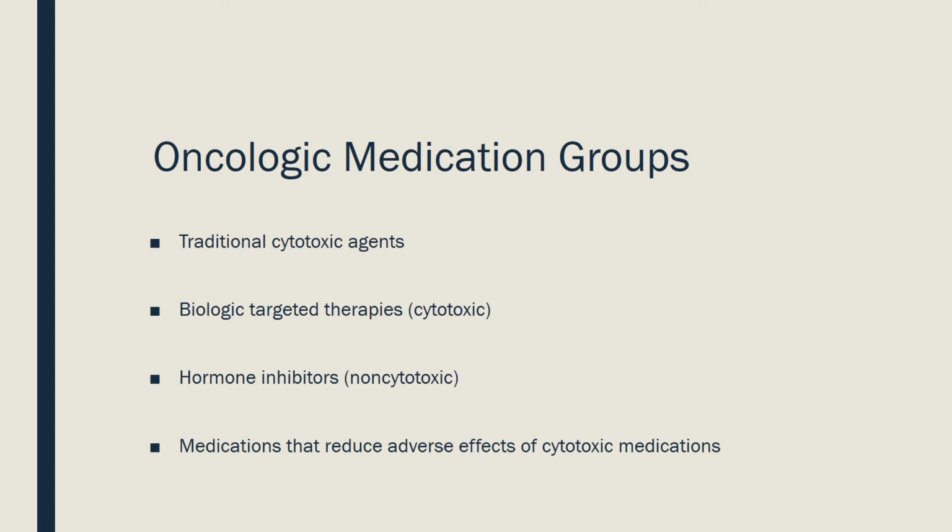And we've got the biological targeted therapies, which can also be cytotoxic. And then we have our hormones, which are hormone inhibitors, I should say. We know that those are not cytotoxic, but they still can cause a lot of adverse effects. And then we have those cytoprotective meds.